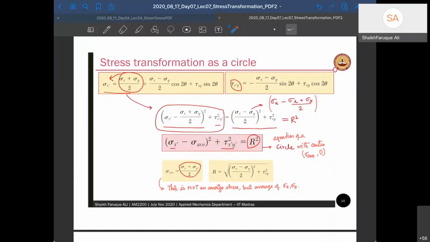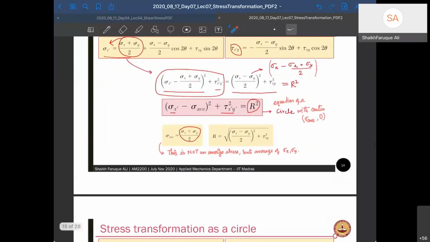So sigma x dash and tau xy dash are actually points on the circumference of a circle with radius r and center sigma average comma 0.